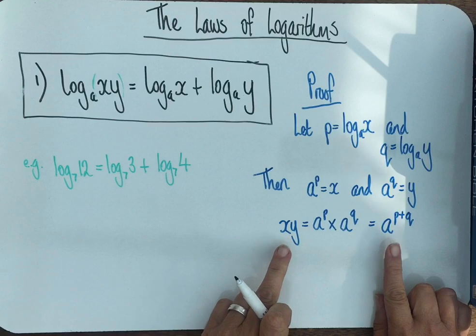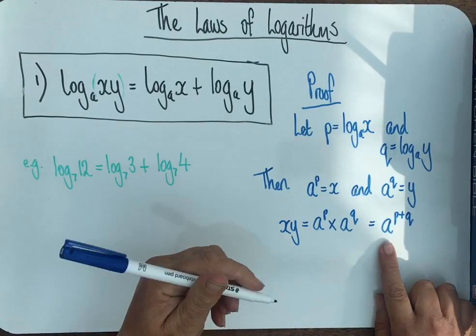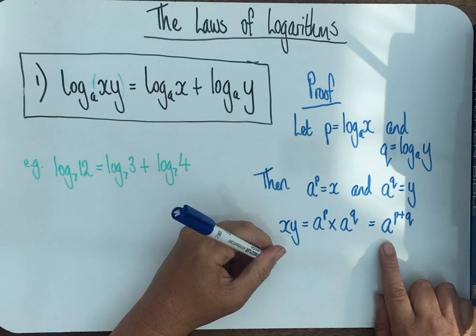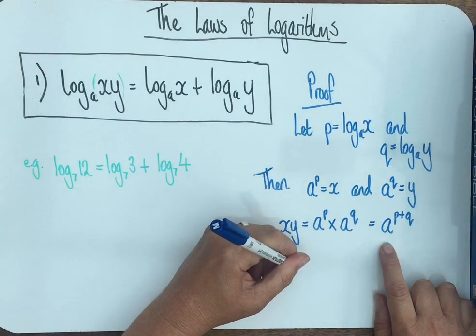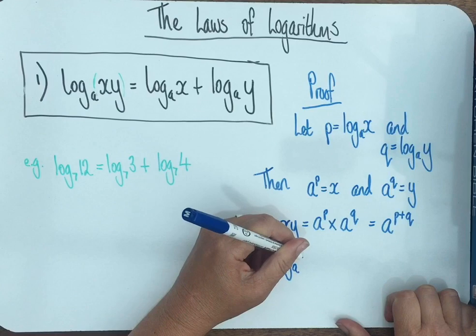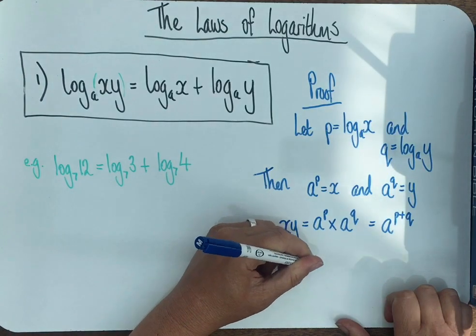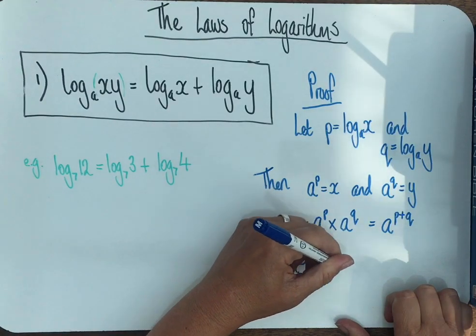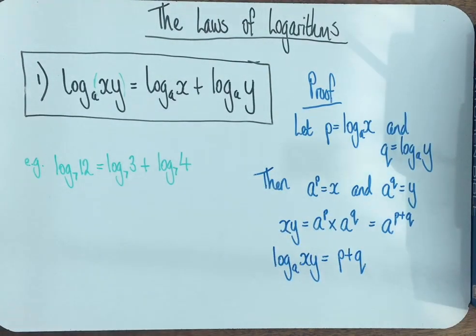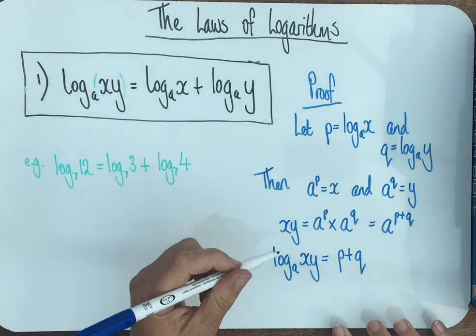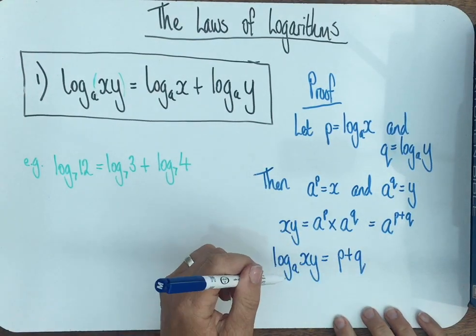So if I rewrite this as a logarithm, log to the base a of xy is equal to p plus q. So that's using what we did on the last video, just rewriting the power as a log.